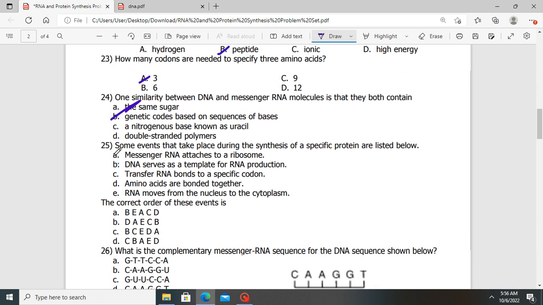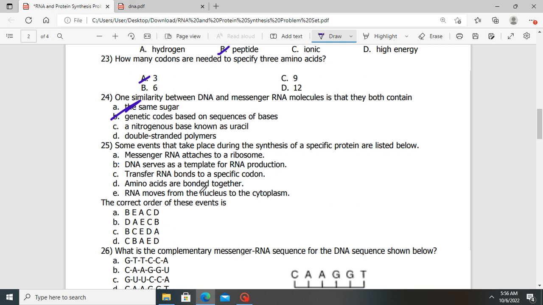25. Some events that take place during the synthesis of a specific protein are listed below. You have to arrange these events in the correct order of protein synthesis.